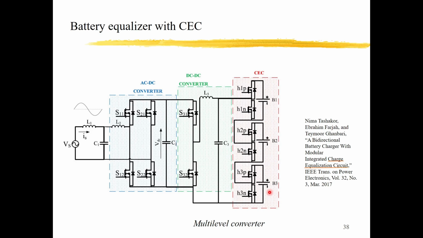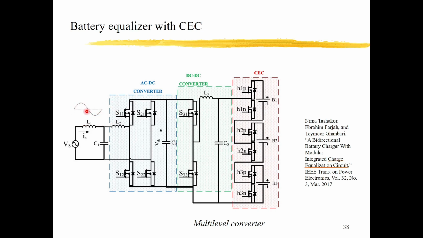Okay, but this method maybe is effective because if we combine the CEC and the DC converter with AC input, if we combine these elements together, maybe this is workable.